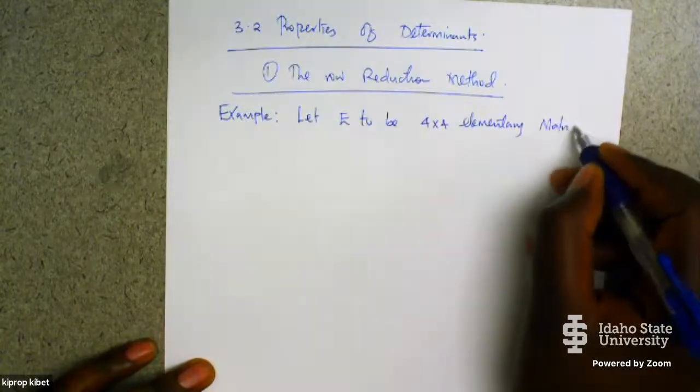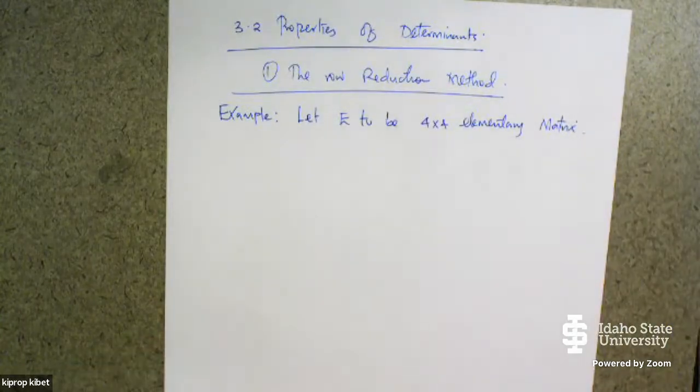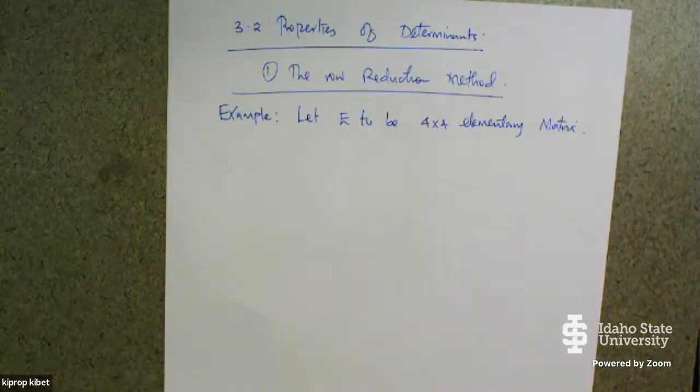If you still remember, the elementary matrix is the matrix where we do row operations on the identity matrix, like switching or adding a constant multiple.